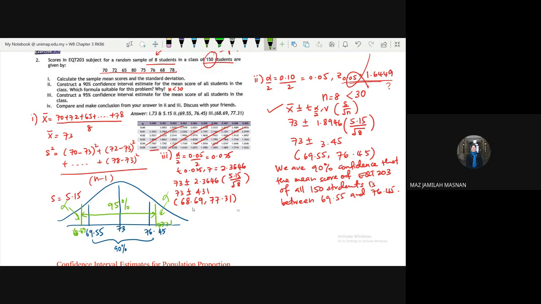If you have a smaller alpha, you have a larger interval. So you need to know how to justify, or compare and contrast, the answers you get.